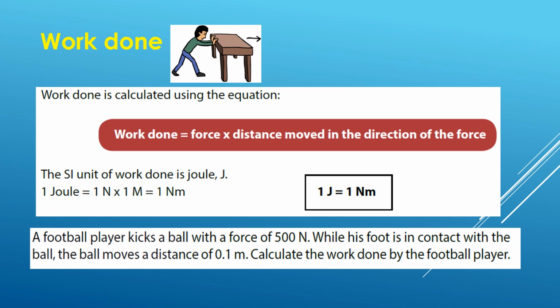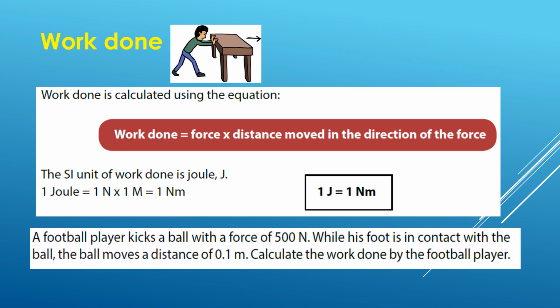Let us see an example. A football player kicks a ball with a force of 500 newtons while his foot is in contact with the ball. It moves a distance of 0.1 meter. Calculate the work done by the football player.